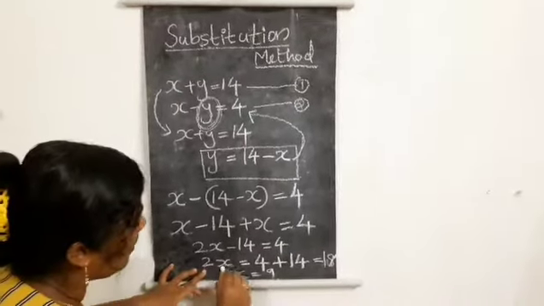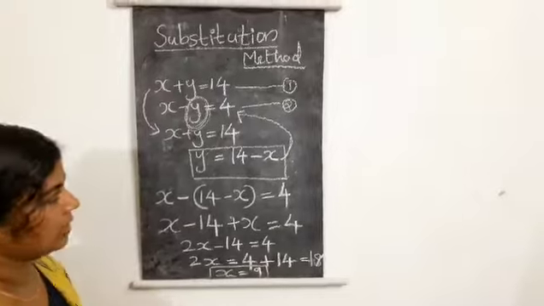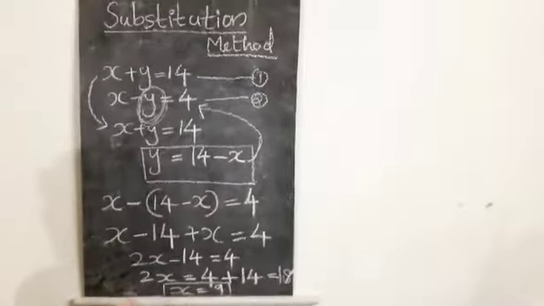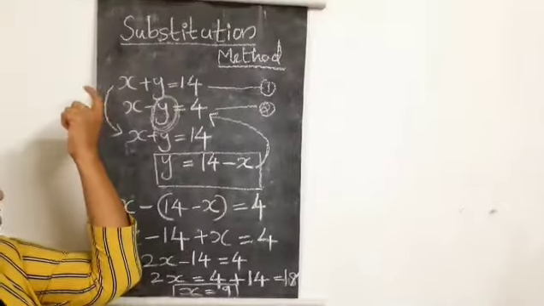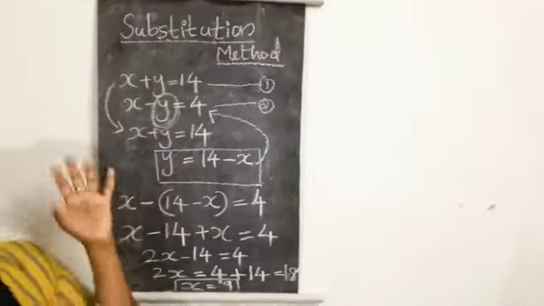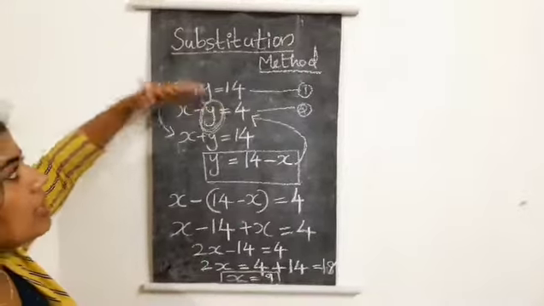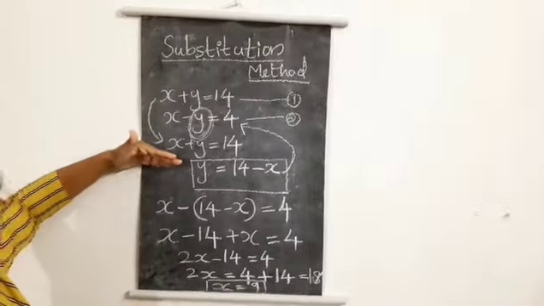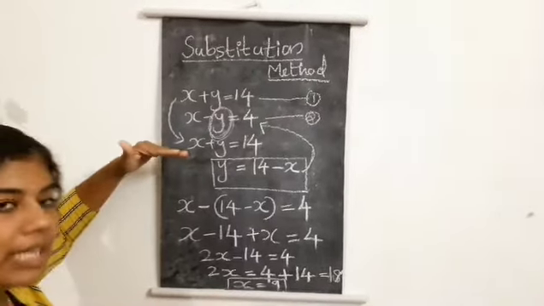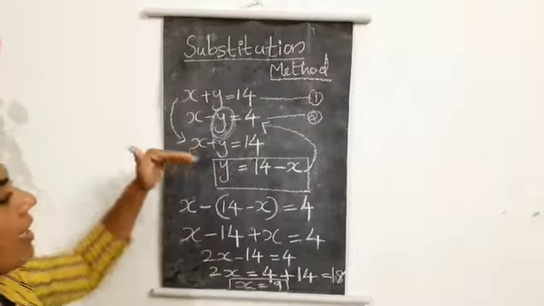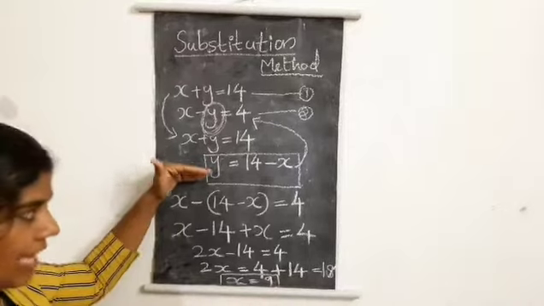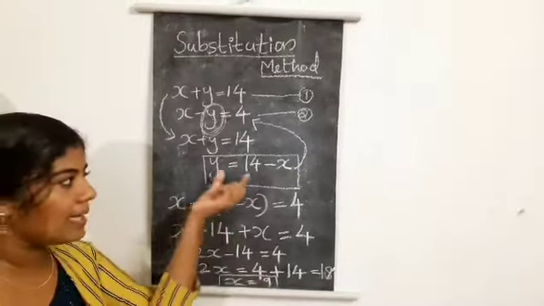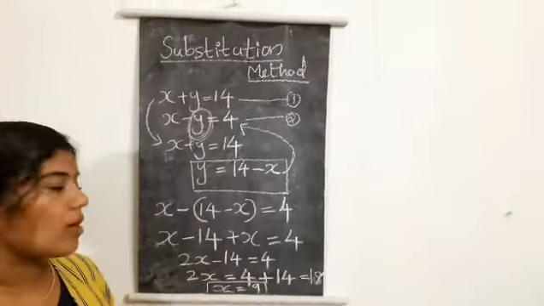So these are the steps we did till now. From the pair of linear equations, first we took equation number 1. Then from that first equation, I wrote y in terms of x, and noted that y equal to 14 minus x. That is the main point in our solving method.